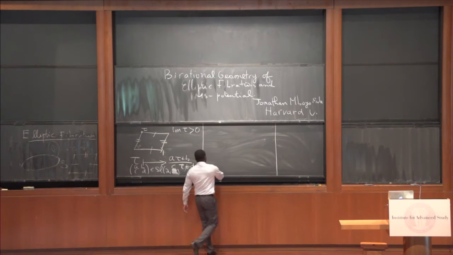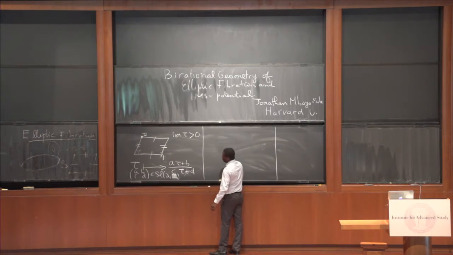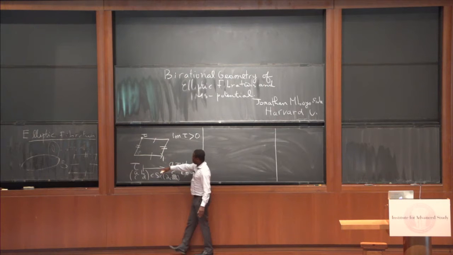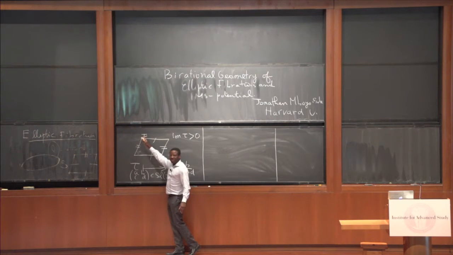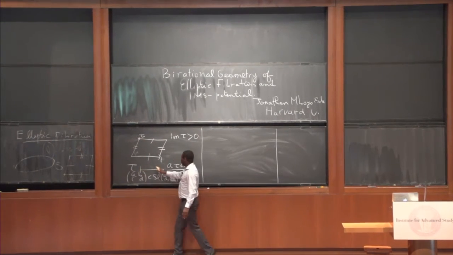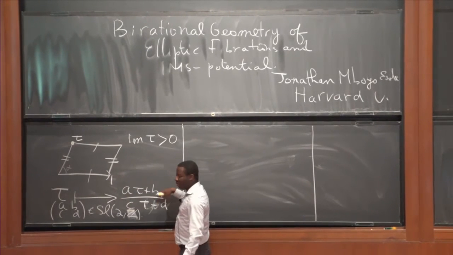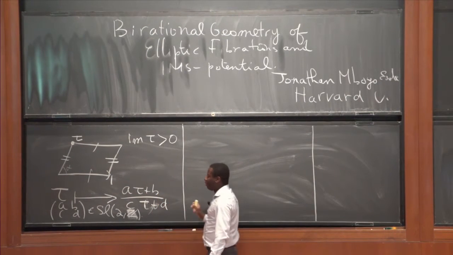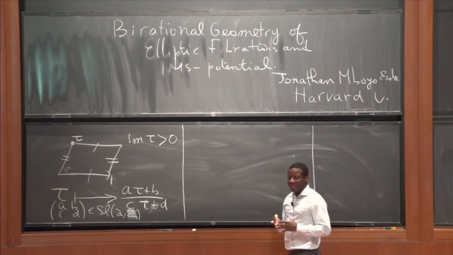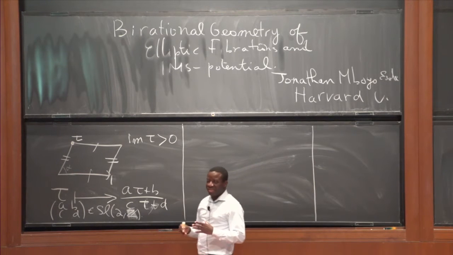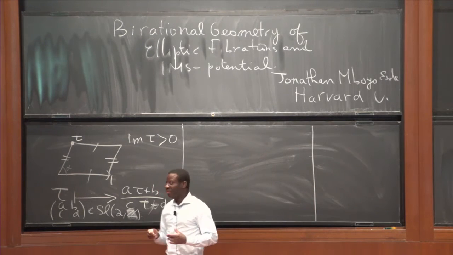Two tori will correspond to the same object if tau, which we can think of as the complex structure, is related to the other tau by this Mobius transformation. Once you have a fibration, what is interesting is that you can have singular fibers.